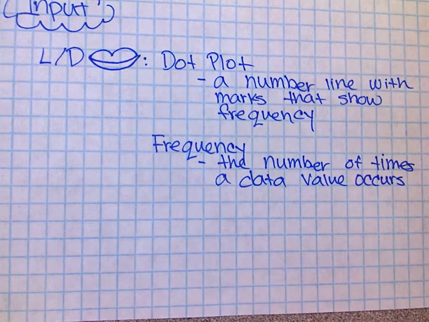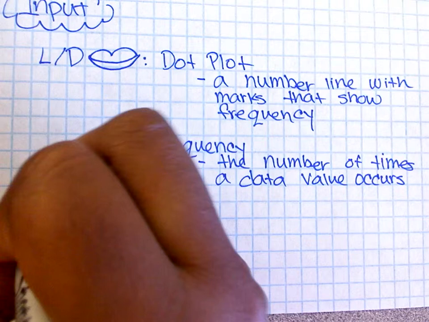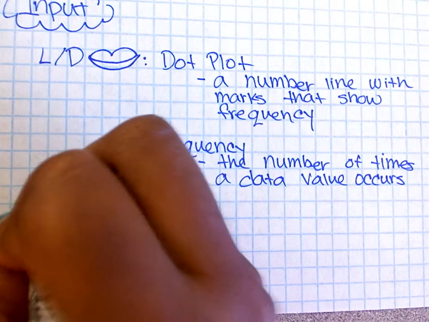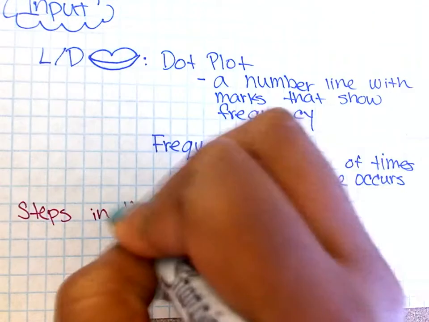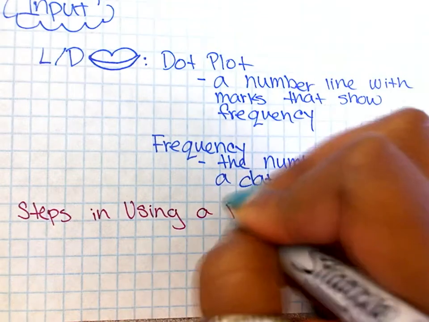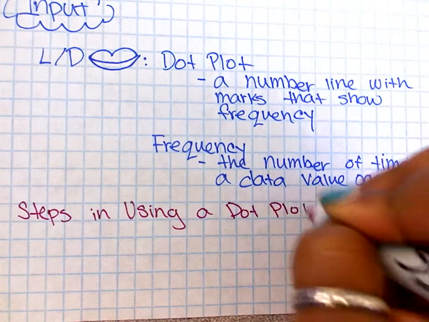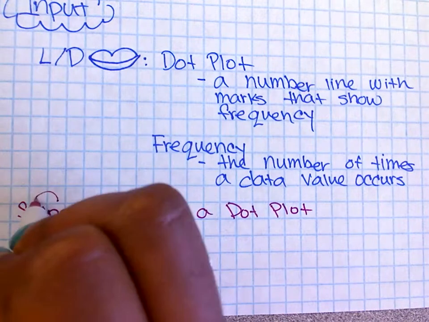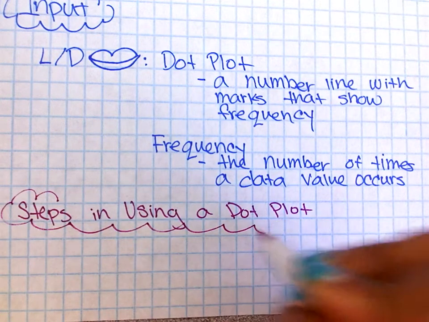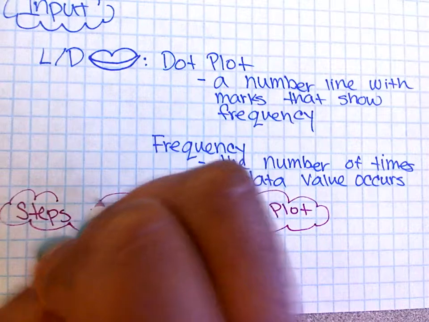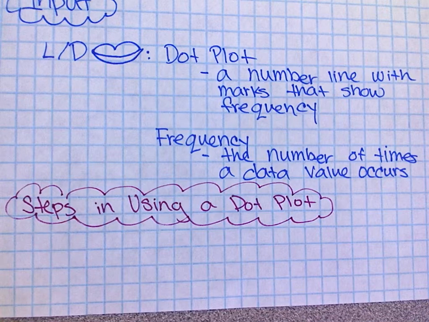So are you ready for the steps? Yes or no? Yes. Okay, just making sure. Here we go. We're going to write it as steps in using a dot plot. It's going to be very simple.